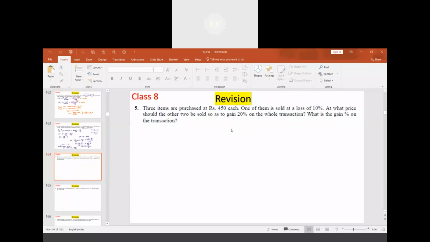Three items are purchased for 450 each, so we can calculate the cost price of all three items. And one of them is sold at a loss of 10%. At what price should the other two be sold so as to gain 20% on the whole transaction? How do you go about this question?